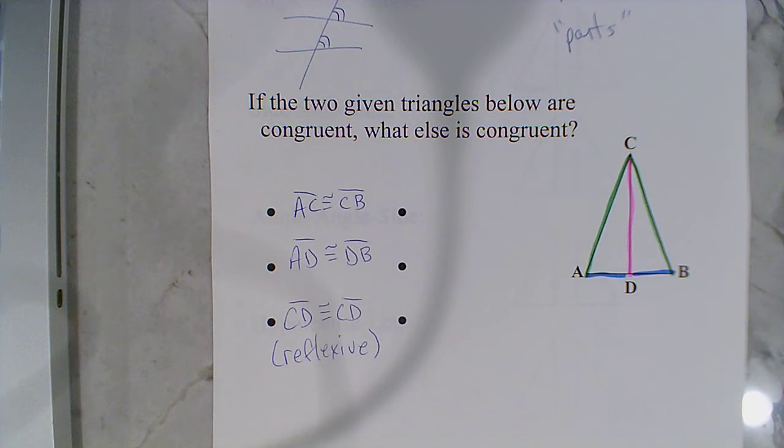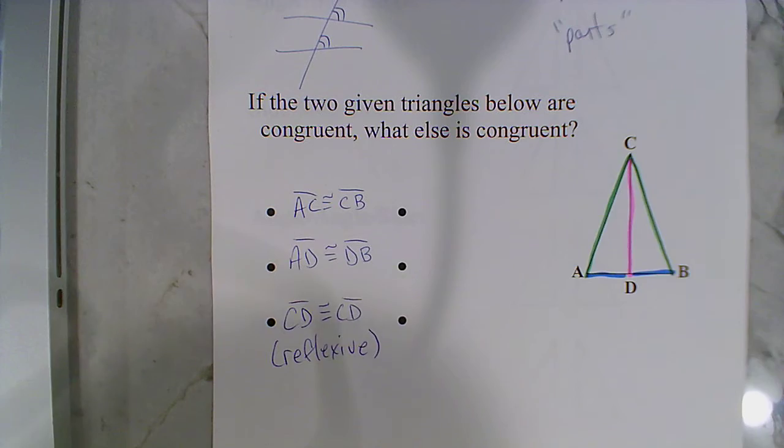Reflexive. Reflexive is a property that indicates that anything is congruent to itself. 5 is equal to 5. Cuccinello is congruent to Cuccinello. CD is congruent to CD. Anything's congruent to itself. So those now are the 3 pairs of corresponding sides because these triangles are congruent, and apparently it was a result of a line reflection.